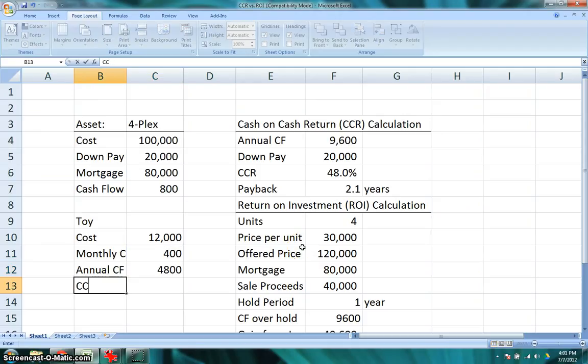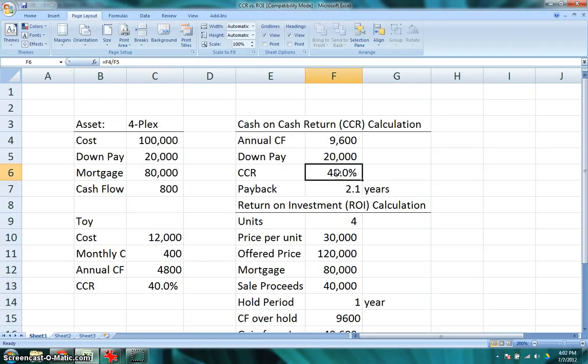So then our cash-on-cash return is going to be the 4,800 divided by our cost of 12,000. That gives us a cash-on-cash return of 40%. So now you get to see how this can actually help you to compare investments. This is giving you 40% versus this one of 48%.